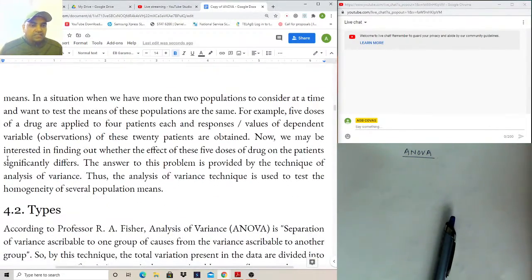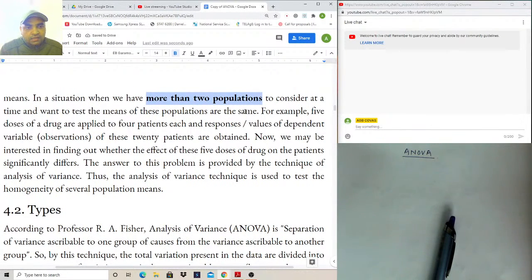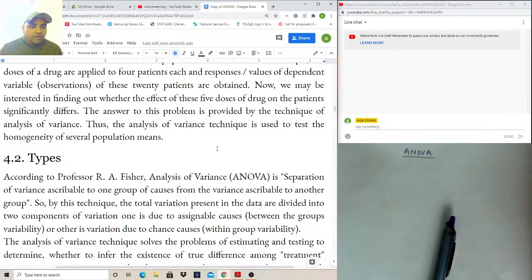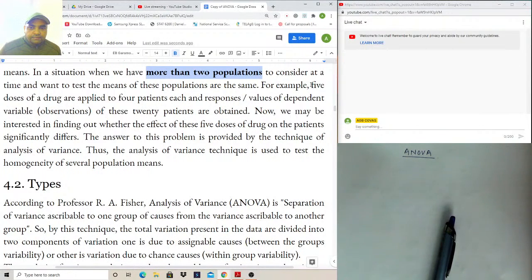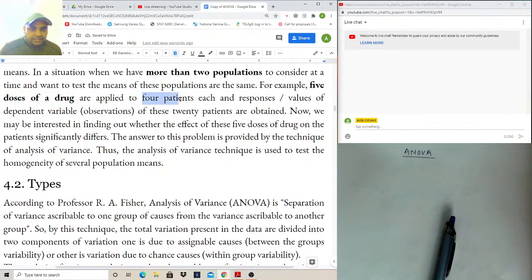In a situation when we have more than two populations to consider at a time and want to test the means of these populations at the same time, for example, say you have 5 doses of a drug, and each drug is applied to 4 patients. So in total you will have 20 patients.